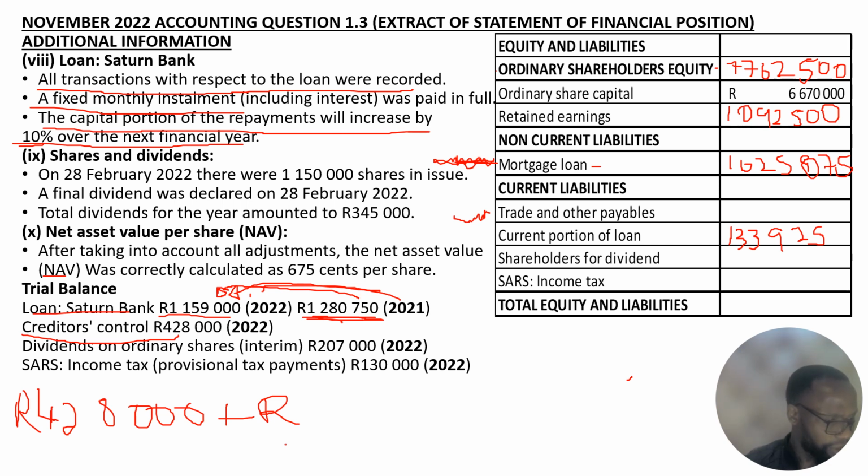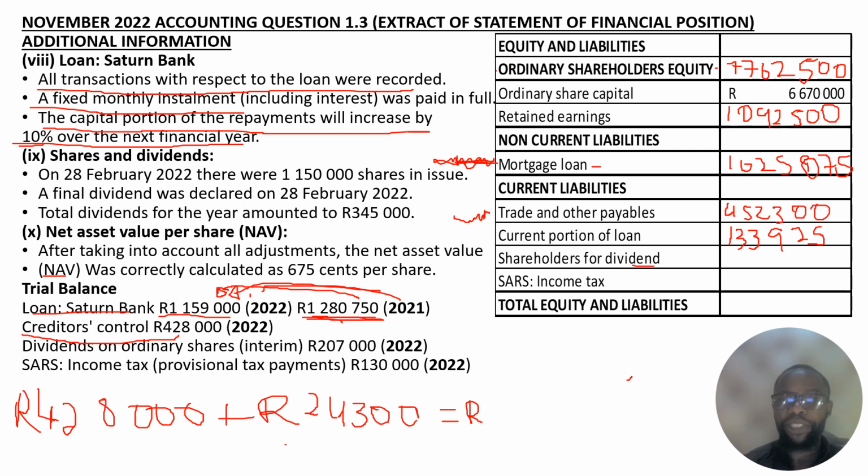It was 24,300, the amount we deducted from rent. We showed you how to calculate that 24,300 in our previous session, which is our part 2. 428,000 plus 24,300 is 452,300.